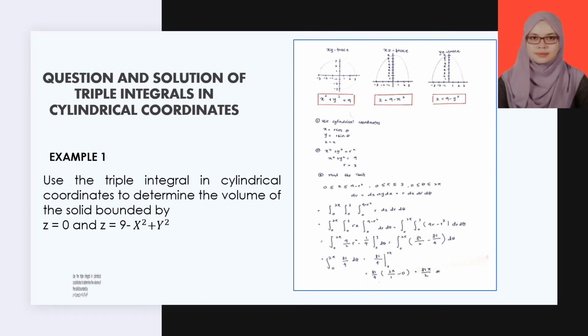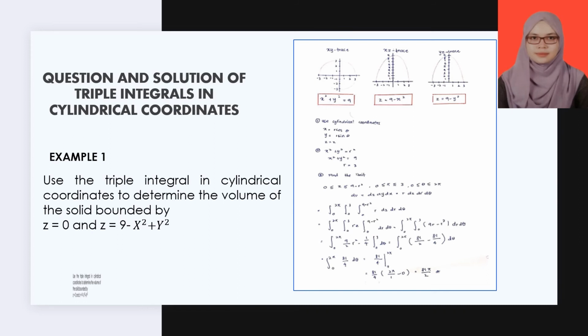After we get the limit of r, we need to find the limits of z and theta. So z goes from 0 to 9 minus r squared, r from 0 to 3, theta from 0 to 2 pi. So we get dV equal to dz dy dx equal to r dz dr d theta.